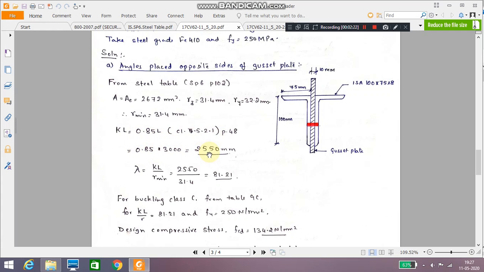The effective length works out to be 2550 mm. Therefore, lambda equal to KL by R minimum works out to be 81.21.